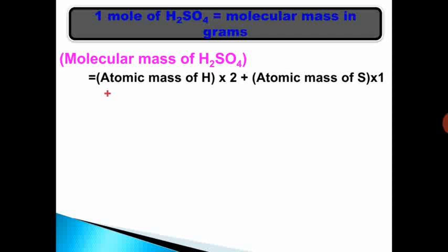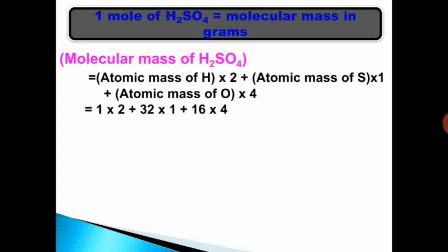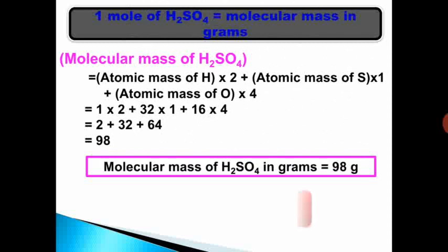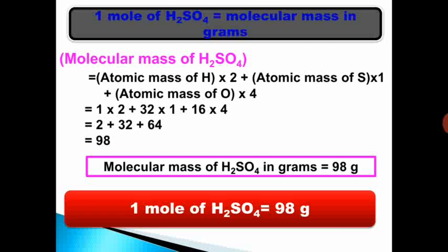Atomic mass of hydrogen into 2 plus atomic mass of sulfur into 1 plus atomic mass of oxygen into 4, because 4 atoms of oxygen are there. So if we put in the values, 1 into 2 plus 32 into 1 plus 16 into 4, we get the answer 98. So the molecular mass of sulfuric acid is 98, and the molecular mass of sulfuric acid in grams is 98 grams, and that is nothing but the 1 mole of sulfuric acid.